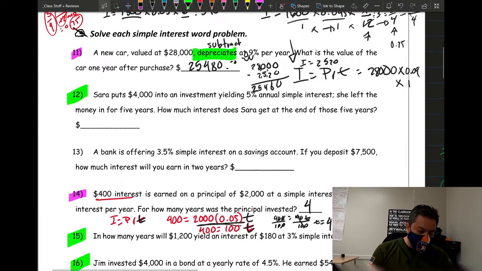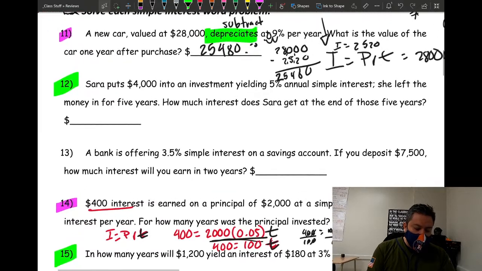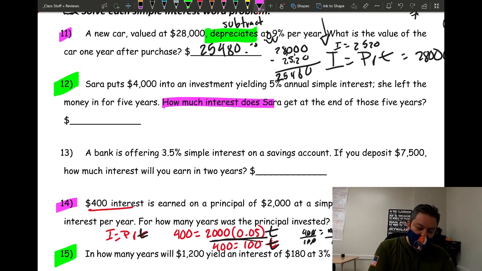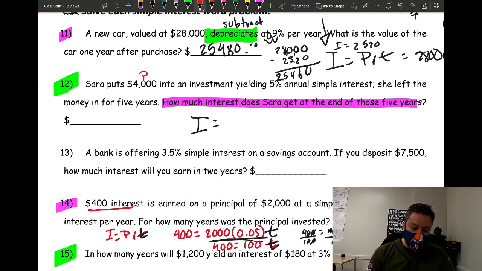So, number 12, Zara puts $4,000 into an investment yielding 5% annual simple interest. She left the money in for 5 years. How much interest does Zara get at the end of those 5 years? So we're looking at how much interest she's gonna make. So we are actually looking for I. So we gotta recognize the principal, which in this case is gonna be the 4,000.